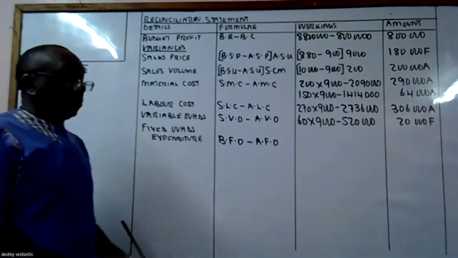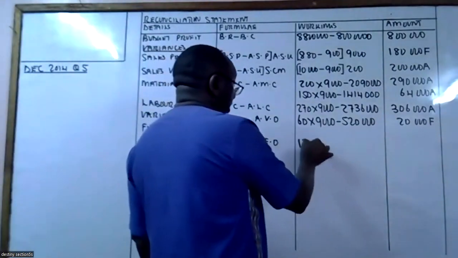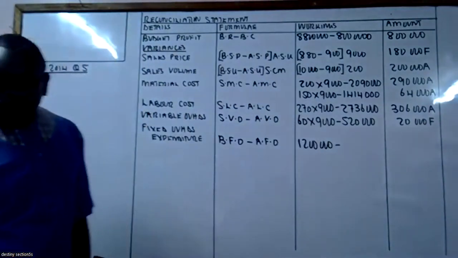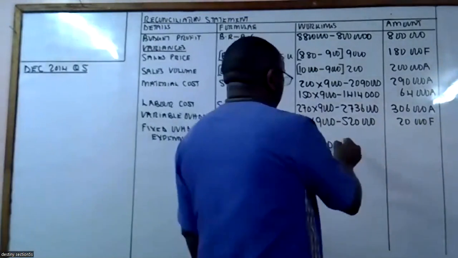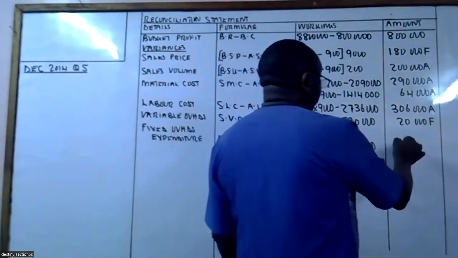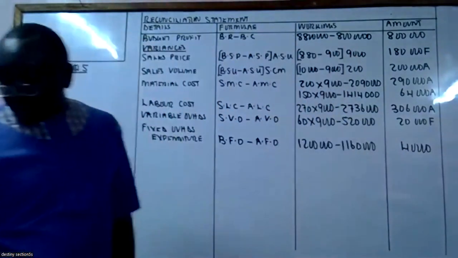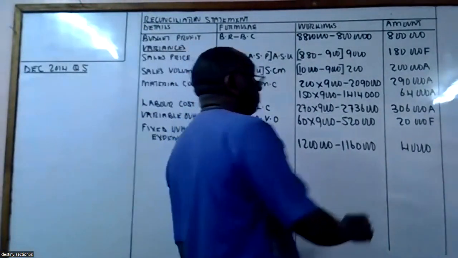So the budget, we already know it is 1,200,000. And the actual, we already know it is 1,160,000. So that gives us a difference of 40,000, which is favorable.